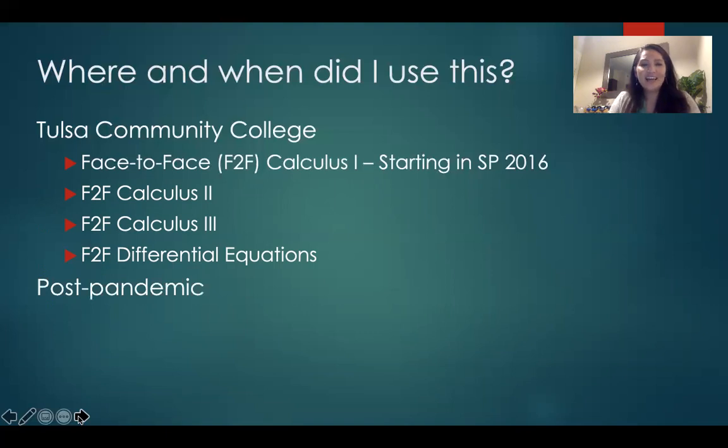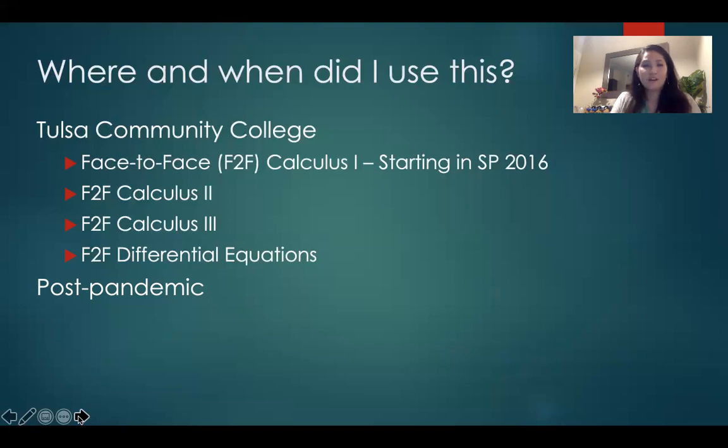And then I only used this standards-based grading in my face-to-face courses until spring of 2020, when the pandemic set us home. Before that, I would occasionally teach online, but my online courses were always taught using a traditional framework, because I felt that I was constrained by the fact that we had to use publisher materials.